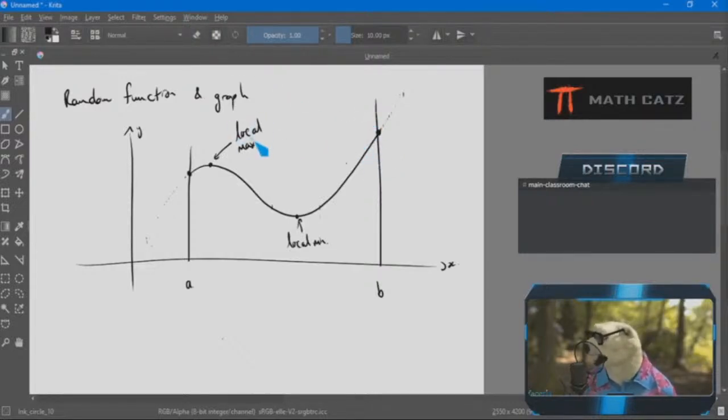So we call it local or relative because it's only applicable to the immediate surroundings. If I'm very zoomed in, then it is a maximum or a minimum, an extreme point. But when I zoom out and look at the whole interval, whether it continues forever or I cut it off, it might not be the best anymore.